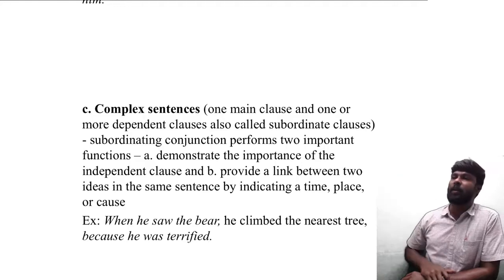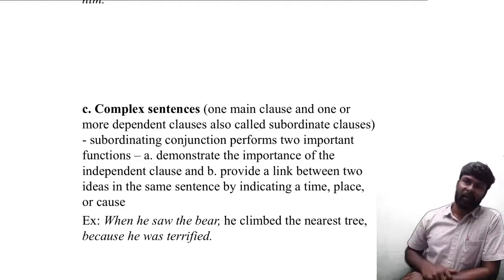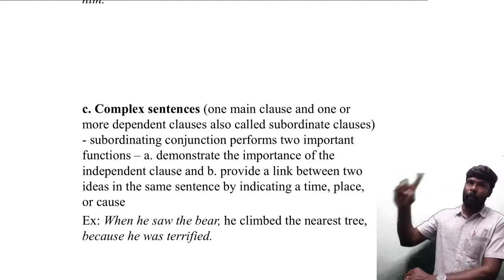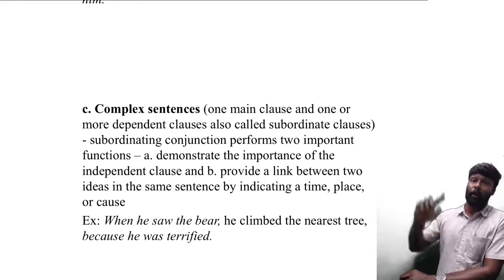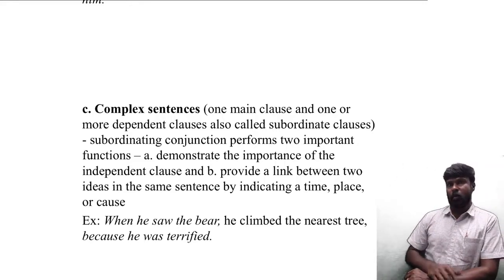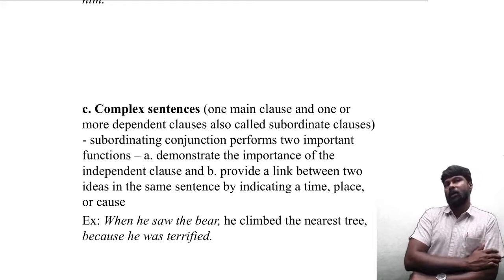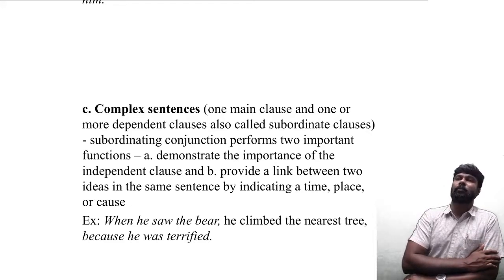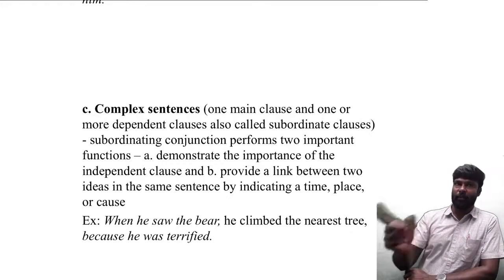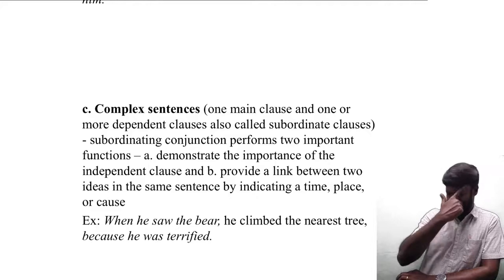Why did he climb it? Because he was terrified. So two subordinate clauses with one main clause in the beginning makes it a complex sentence. Right? So that's the example for a complex sentence.